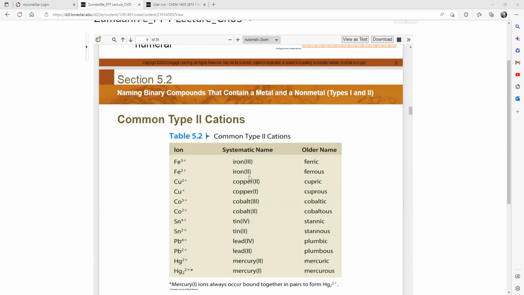For iron 2, you put here the Roman numeral into parentheses, and so on for the different elements. Look at this. Tin is a representative element that also has two different charges. So you have to recognize the charge in this case, and the same with lead.